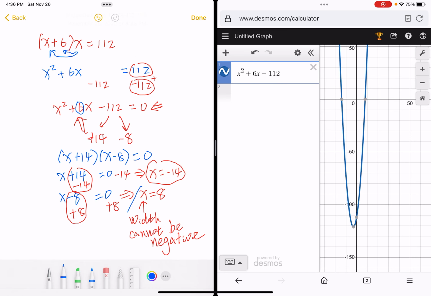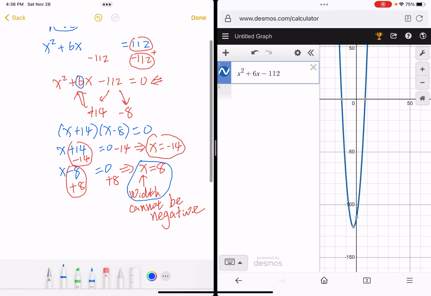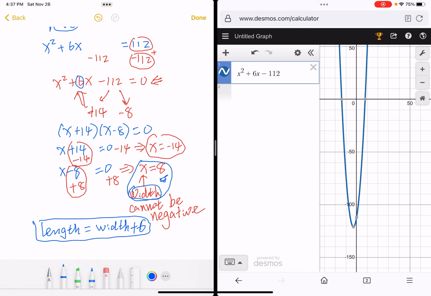Okay. Let me mark it. So then you know the width is 8 feet. But what's the relationship? We know the length is longer, which is width plus 6 feet. Previously we know that. So if we have a width of 8, then what do we get?